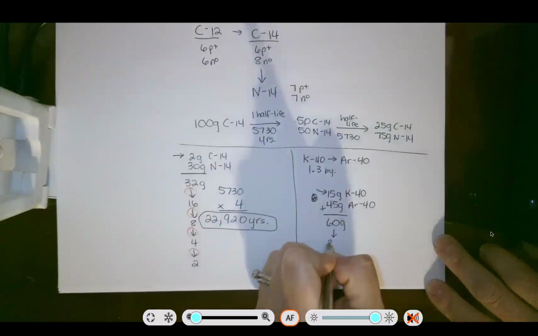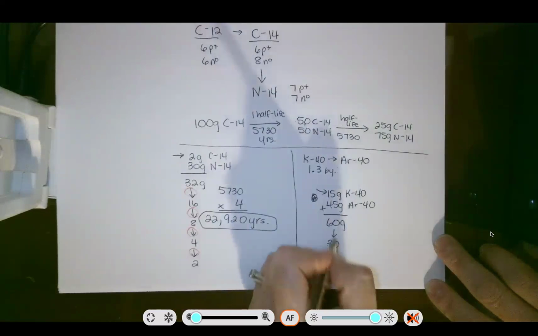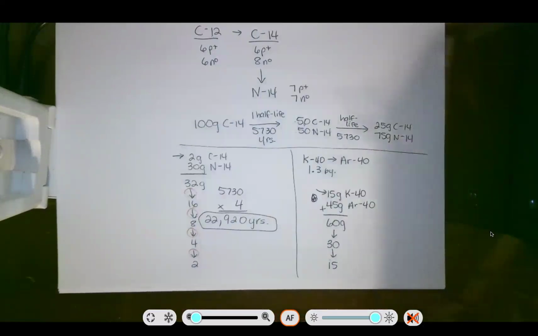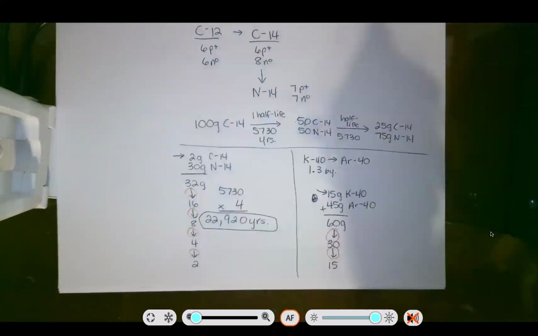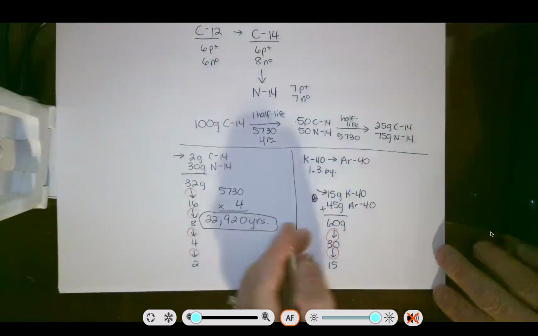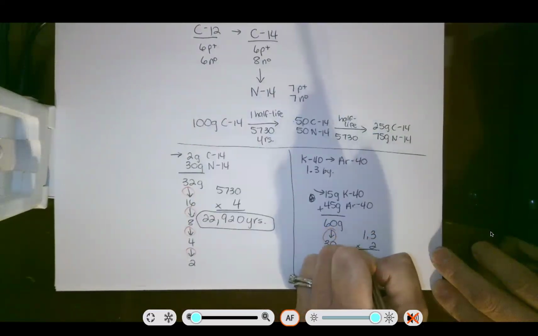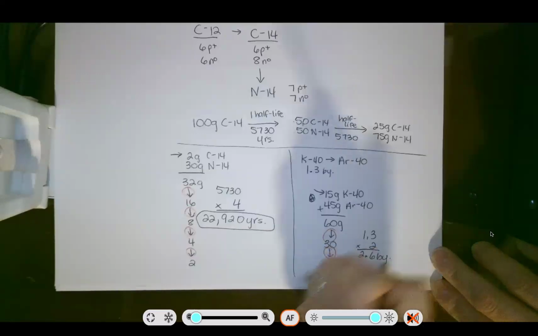So we divide this by 2. That's 30, 15. I'm going to stop there because that's what my parent isotope has. And so that is 2 half-lives. And then 1.3 billion years times 2 is 2.6 billion years old.